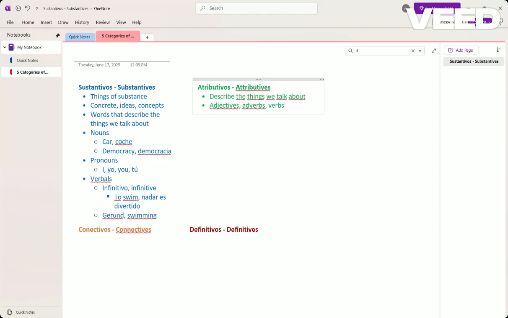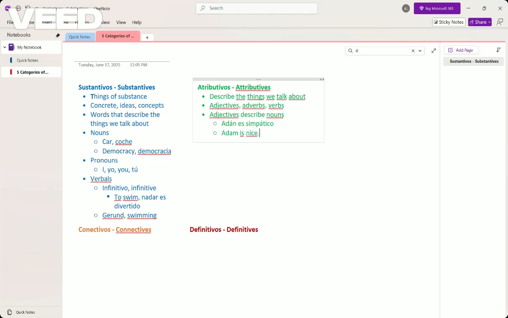Now, verbs is the one that's not quite as obvious because it describes a state or an action. So adjectives describe nouns. An example would be Adán es simpático, or Adam is nice. Nice is the adjective that describes Adam.